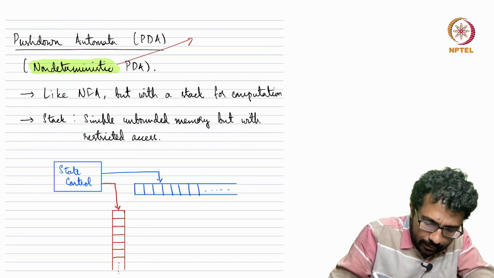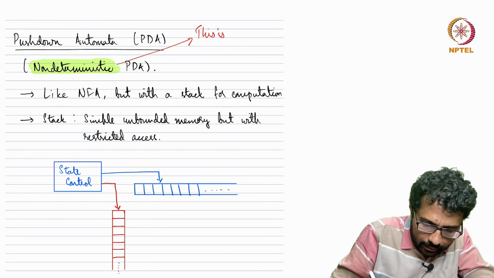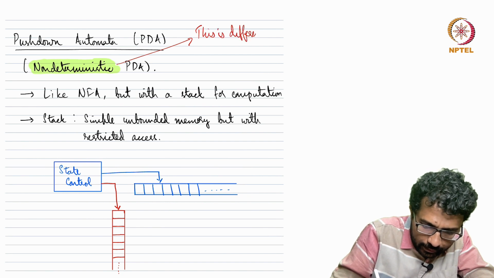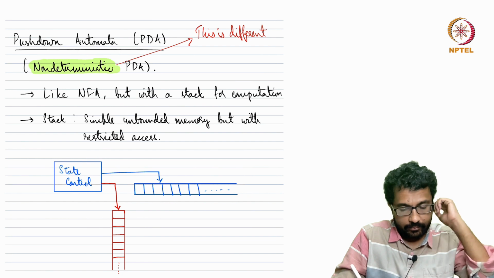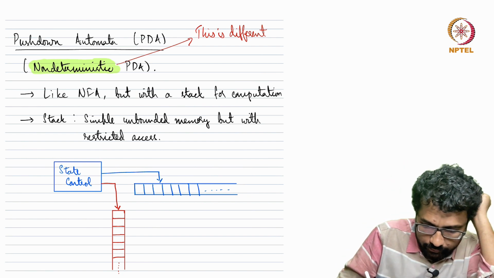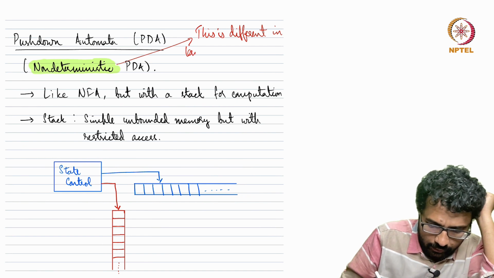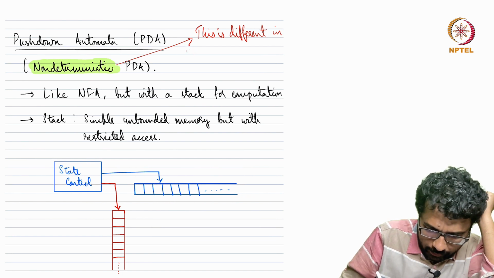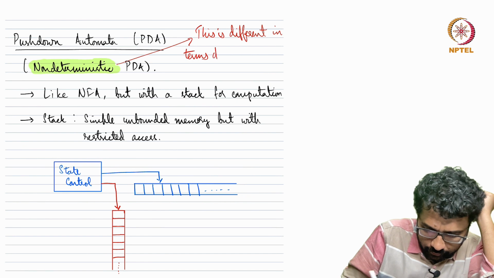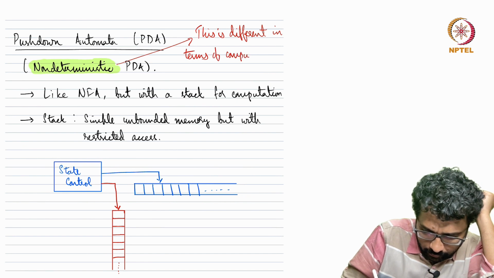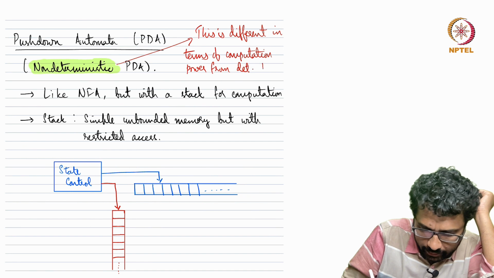So non-deterministic push-down automata is different in terms of computation power from deterministic push-down automata.